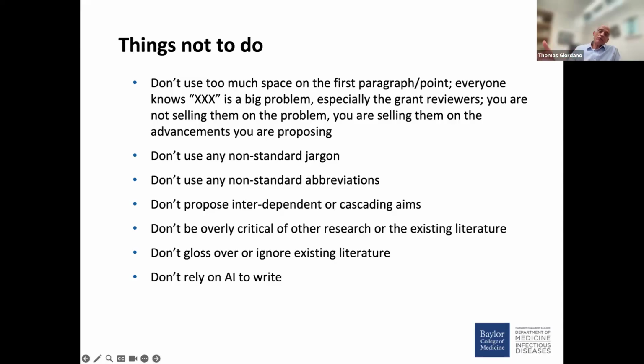Once you get to the part where you're on the panel, everyone knows everyone else. It's not like a club, but the job is not to bash what's out there. Your job is to point out the gaps in the field.